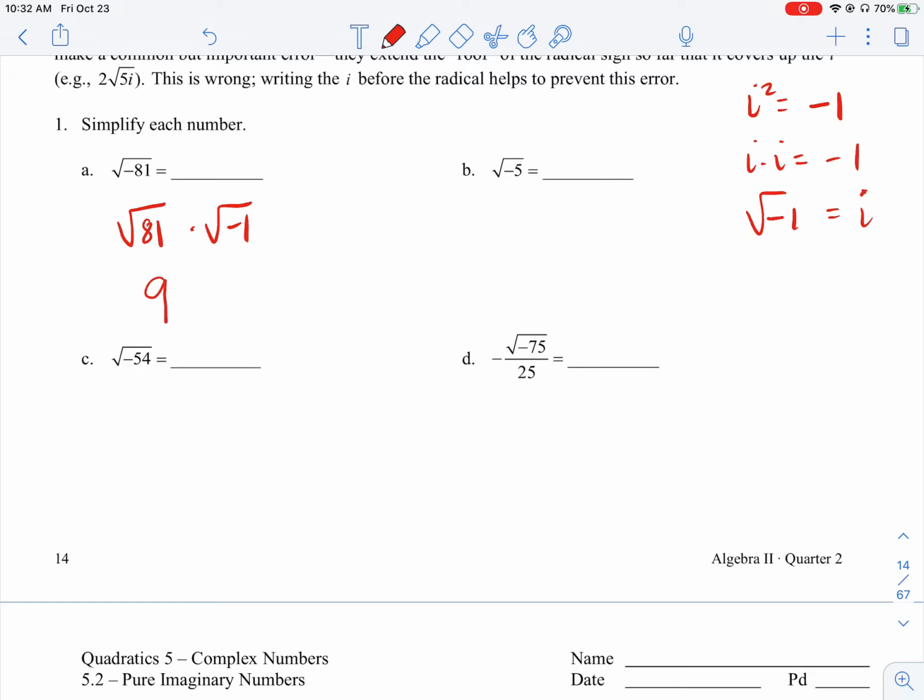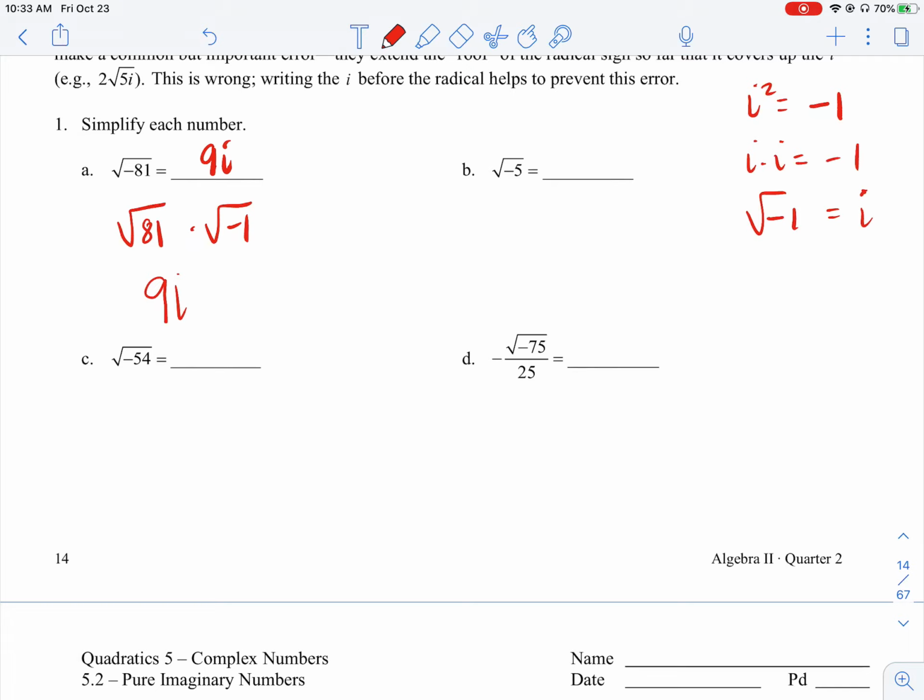And so if the square root of 81 is 9, and the square root of negative 1 is i, that means the answer to this is 9i. Correct? Done. That is your answer to the square root of negative 81. So the difference from the square root of 81, which is 9, is just the i, right? You just add in an i to it.